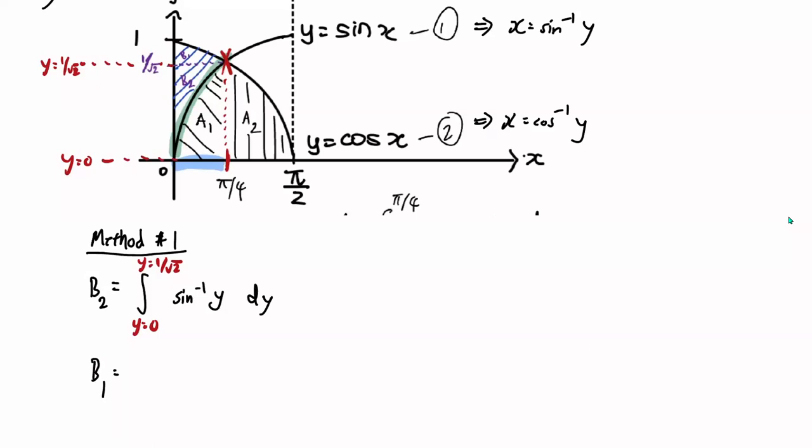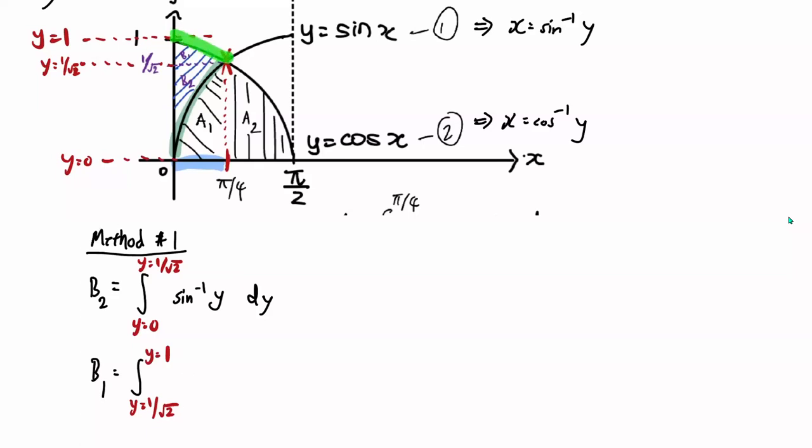Likewise for B1, but now you just go from 1 over root 2 to y equals 1. Maybe I'll just draw in y equals 1 first. Then you just integrate from y equals 1 over root 2 to y equals 1. And then you have an integrand being, sorry, the other curve, right?